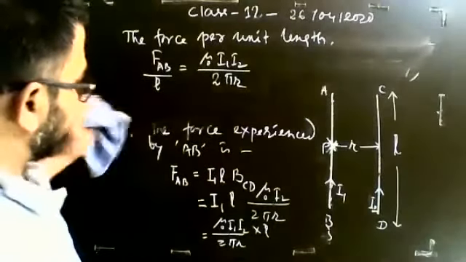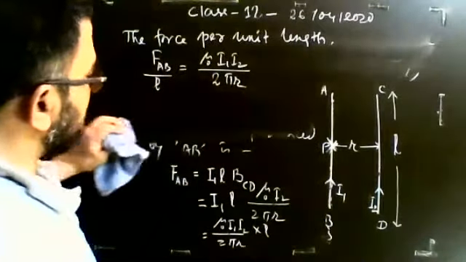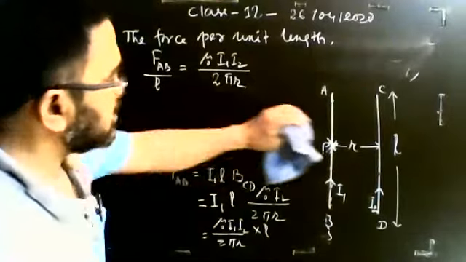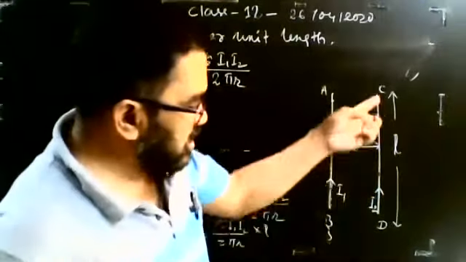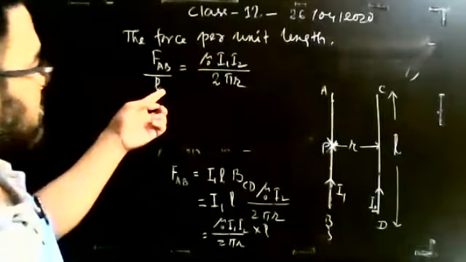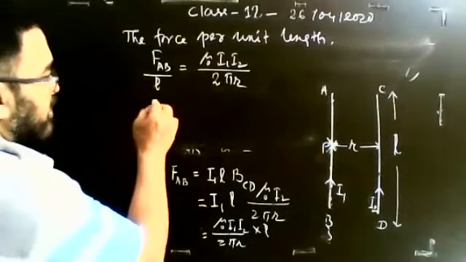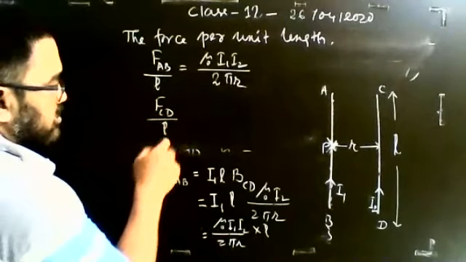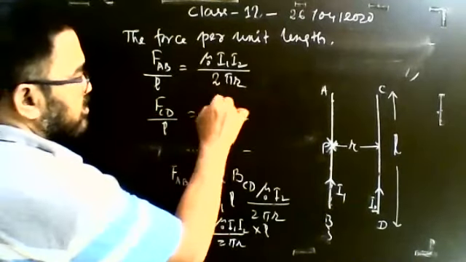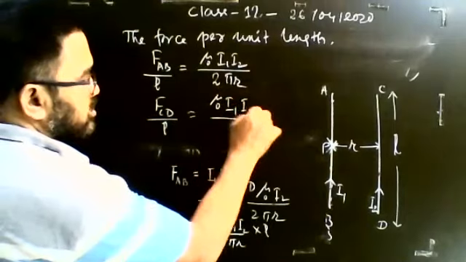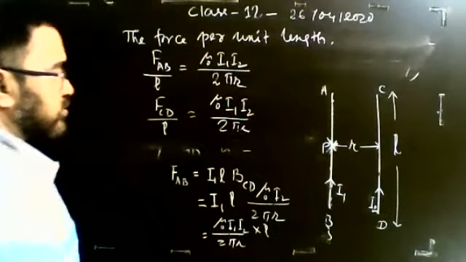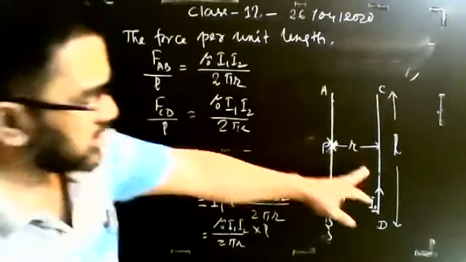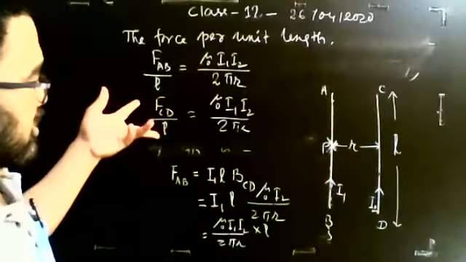In the same way, we can find the force experienced by the other conductor CD. It will also be the same. The length is also the same, mu naught I1 I2 by twice pi R. The same value we obtain. The force experienced by the other conductor will also be the same.